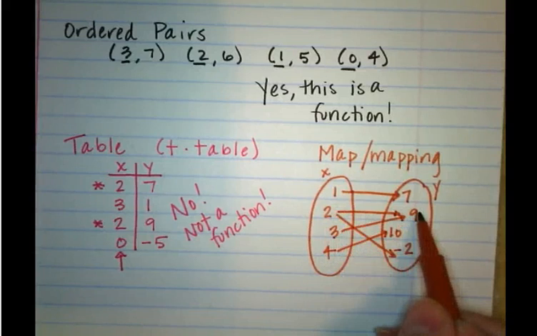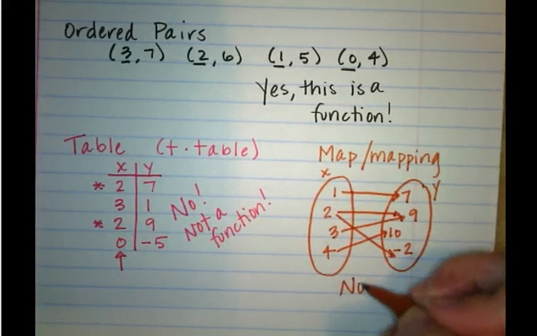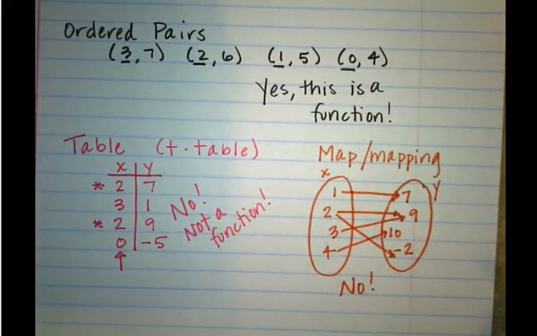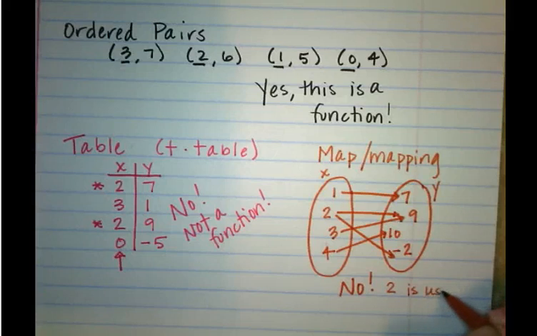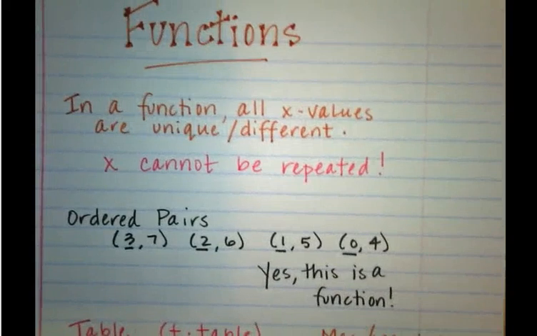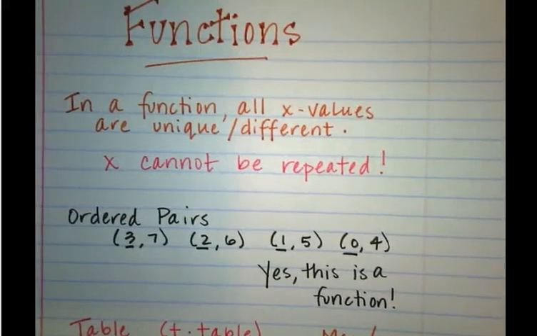It's used to match up with 9, and it's used to match up with negative 2. So in this case, the answer would be no, that is not a function. And the reason is because 2 is used twice. So remember that in order for it to be a function, all of the x values have to be unique.